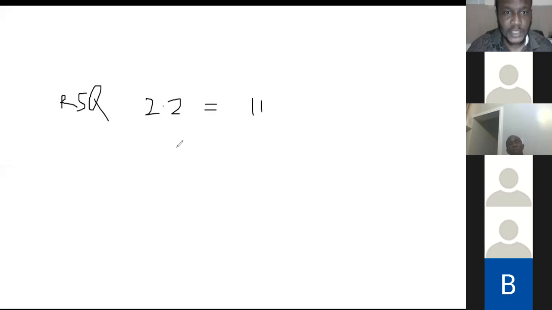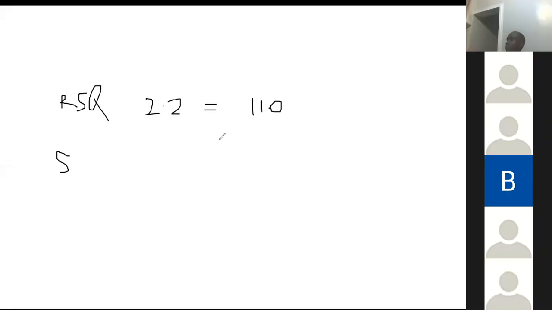And then our standard quantity is X, which we don't know, which is equal to 100. So this implies that our standard quantity is equal to 2.2 times 100 divided by 110. That's where we got that figure from.